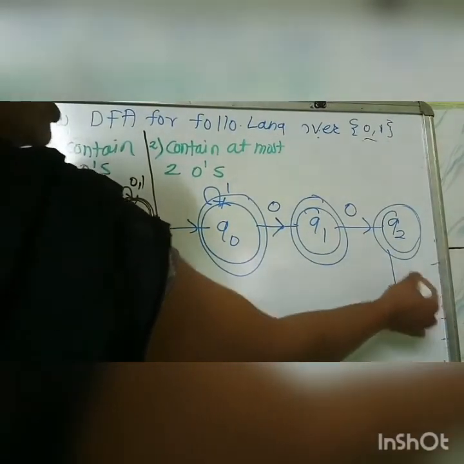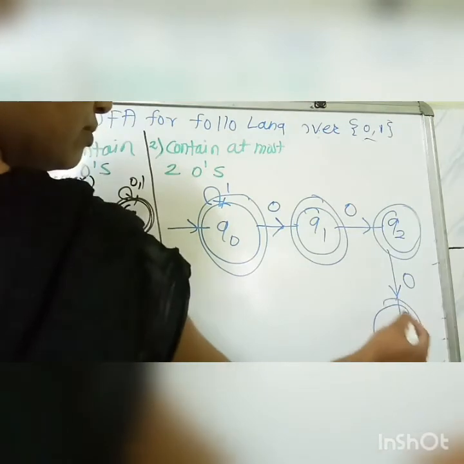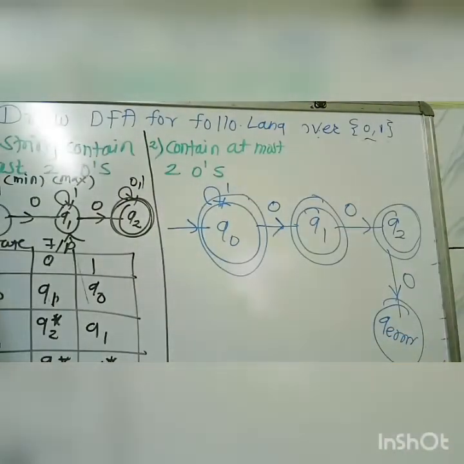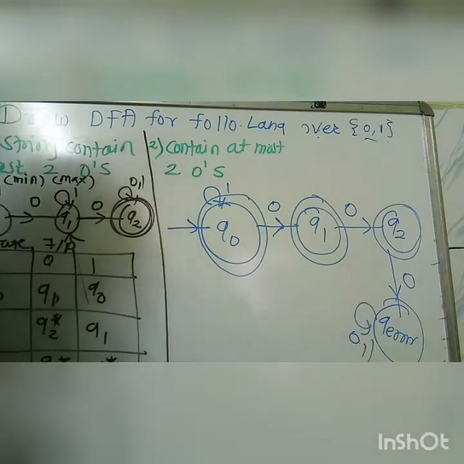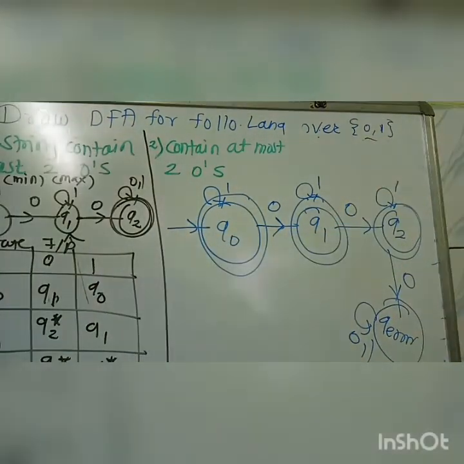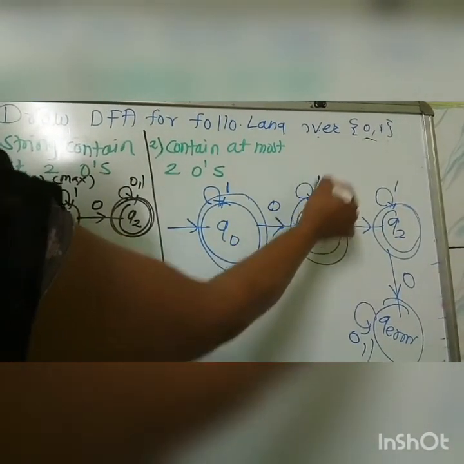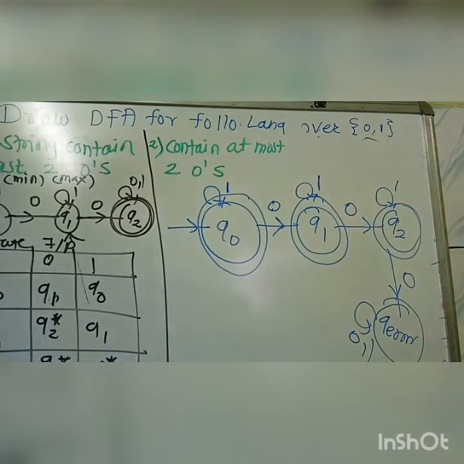And when an unnecessary third 0 appears in your machine, bypass it to the dead state, known as the error state, and stop the remaining input there. So you only consider strings containing at most two zeros. 10 is also allowed, only 1 is also allowed, 0 1 1 0 is also allowed, but the condition is that you accept strings with at most two zeros.